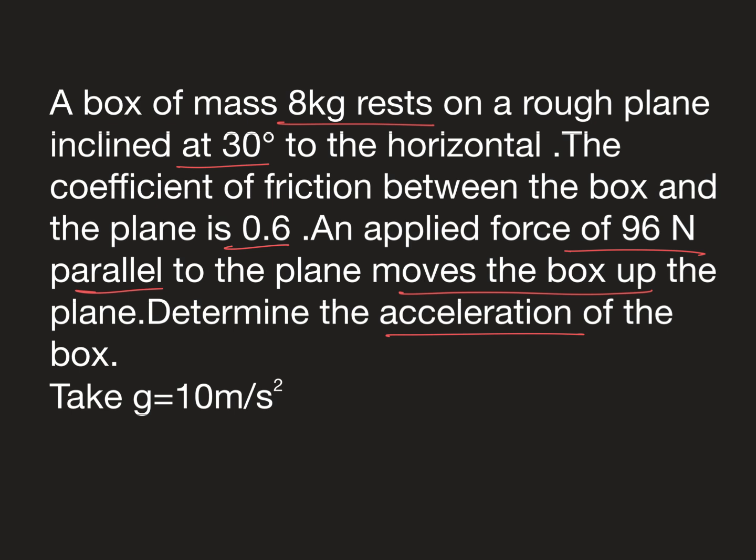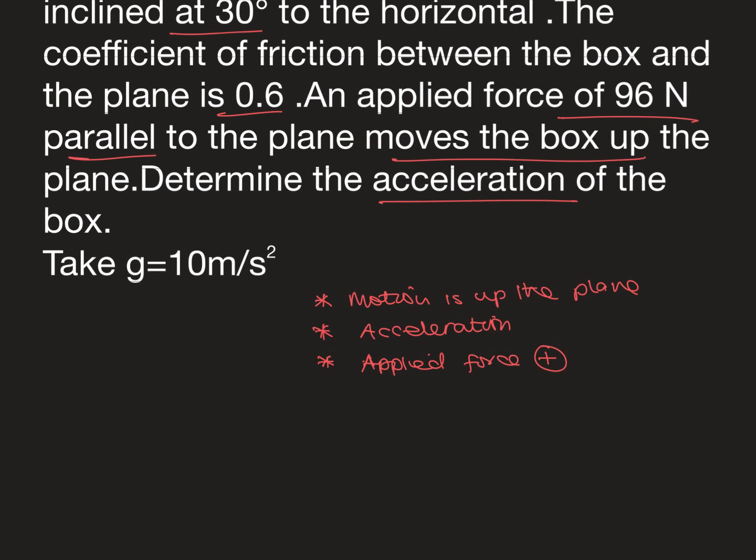So if we should break down this information, the motion is up the plane and the body is in acceleration. So there is also an application of an applied force. Okay, applied force is present.